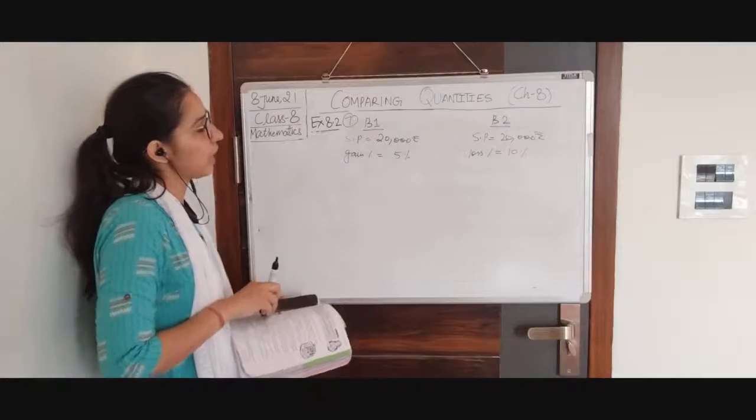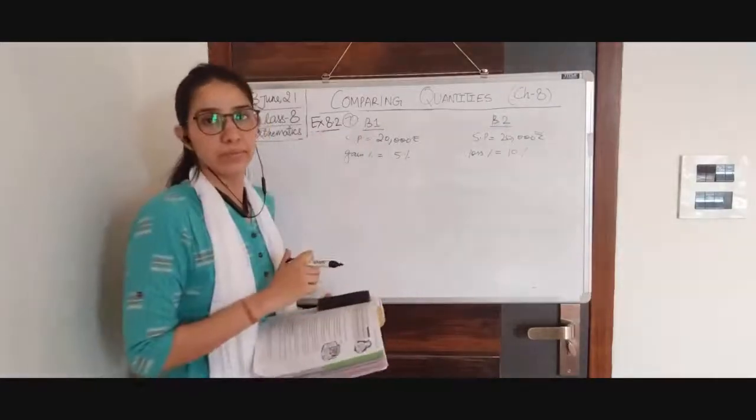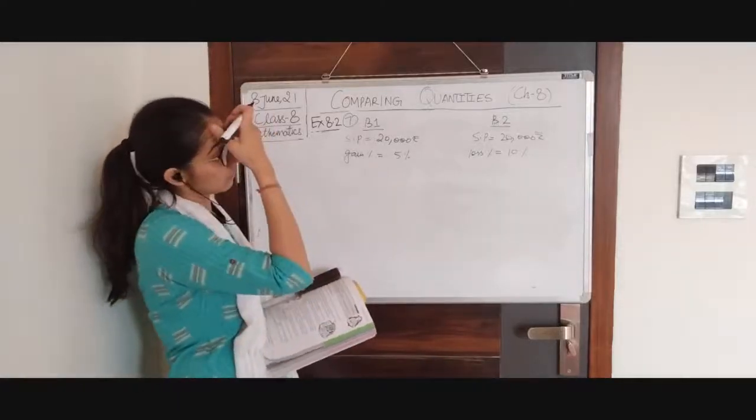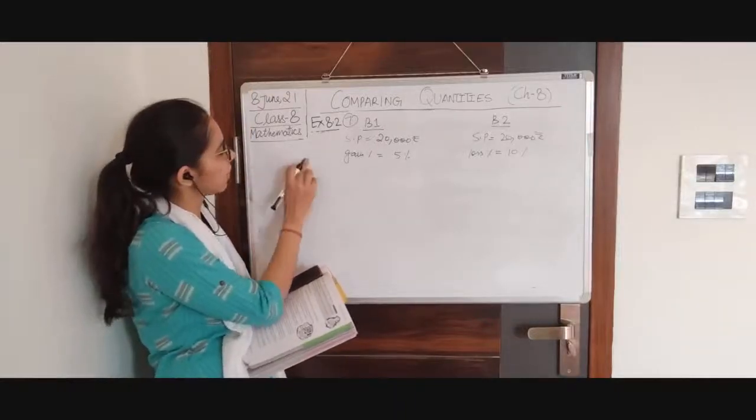We have to find out overall gain and loss. So you have to find out cost price for each buffalo. ठीक है, you have to understand this through percent concept.